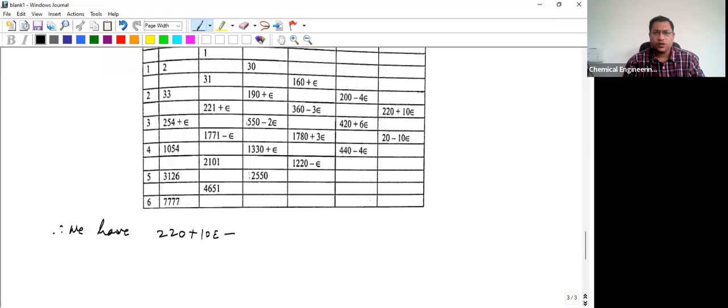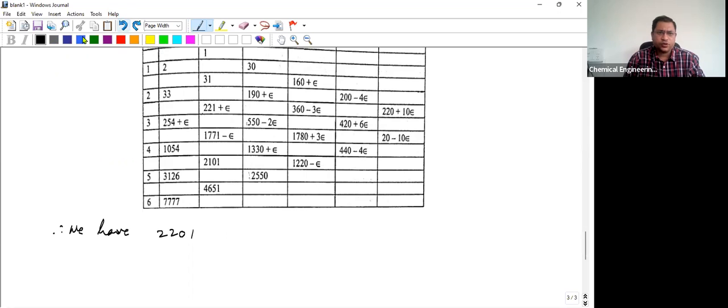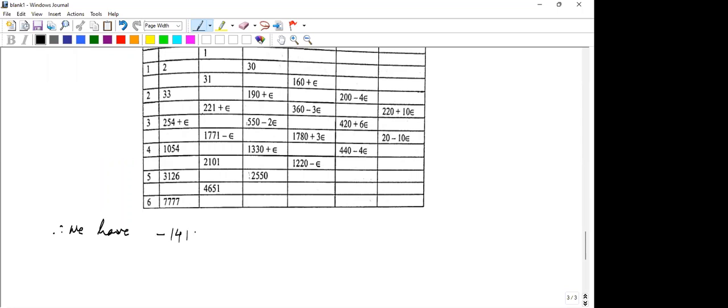Okay, please tell me what these two figures are. Please give me this difference. What is this difference? Sir, minus 141 plus 10 epsilon. Sir, I am getting minus 75 plus 10 epsilon.